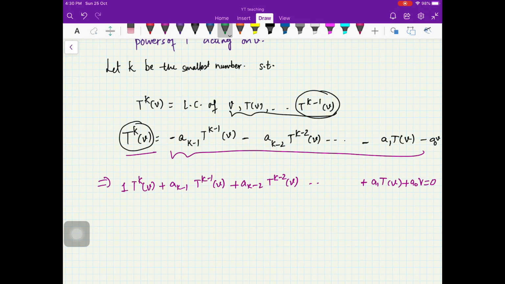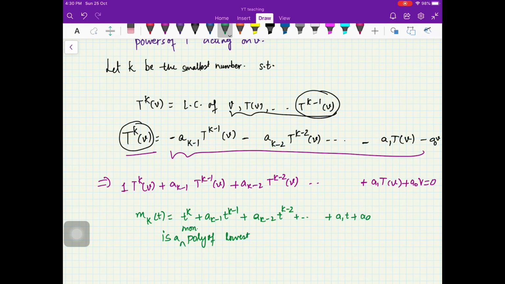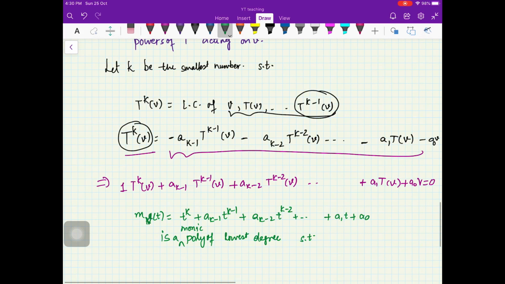So we are saying that this polynomial m_v(t), which is t^k plus a_(k-1) t^(k-1) plus a_(k-2) t^(k-2), and so on, plus a_1 t plus a_0, is a monic polynomial of lowest degree such that m_v(T) operating on v equals 0.